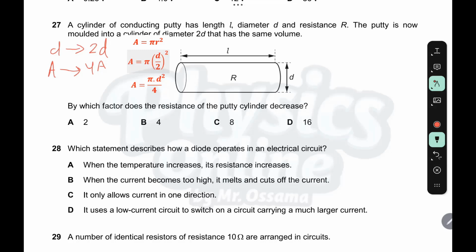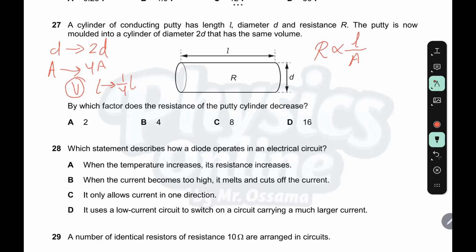As the volume stays the same, the length decreases by the same factor, so L decreases to 1 over 4 of the original length. R is directly proportional to L and inversely proportional to A. L decreases to 1 over 4 and A increases by 4, so R decreases by a factor of 1 over 16.